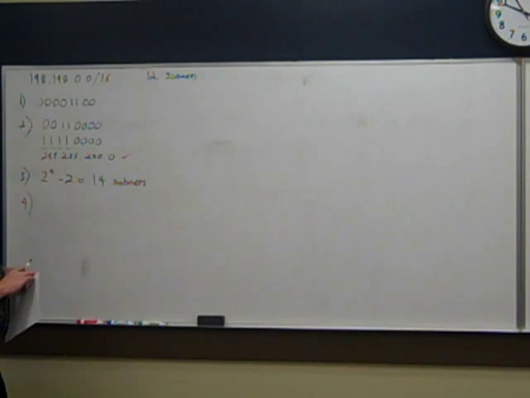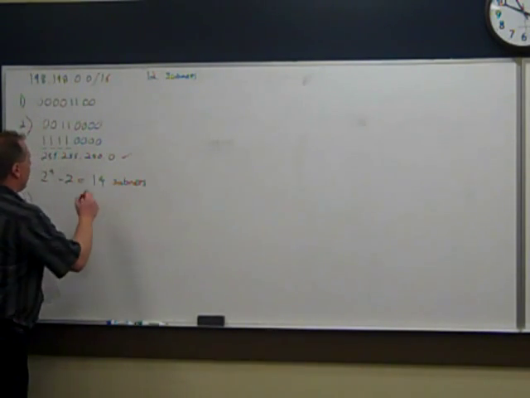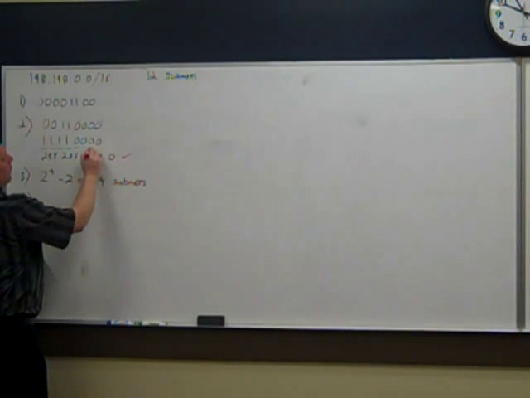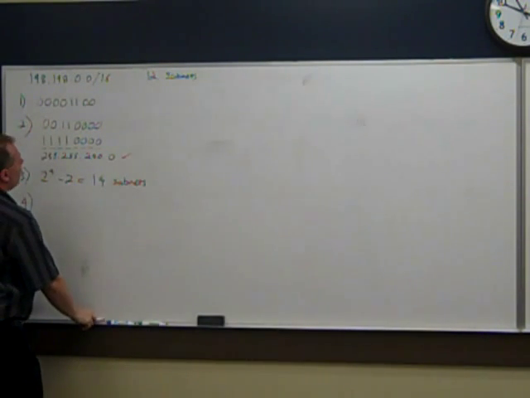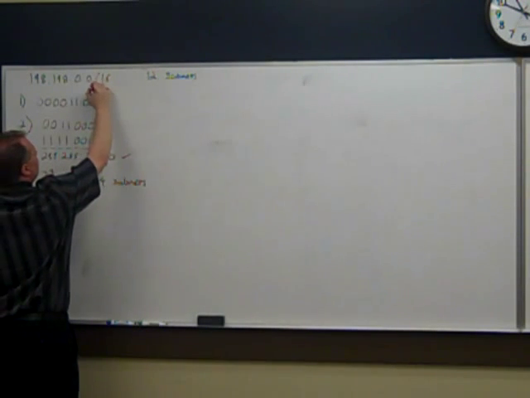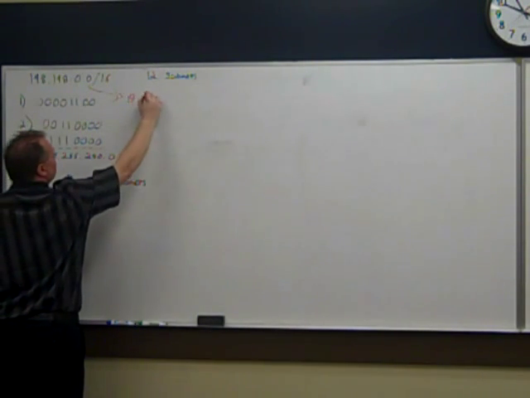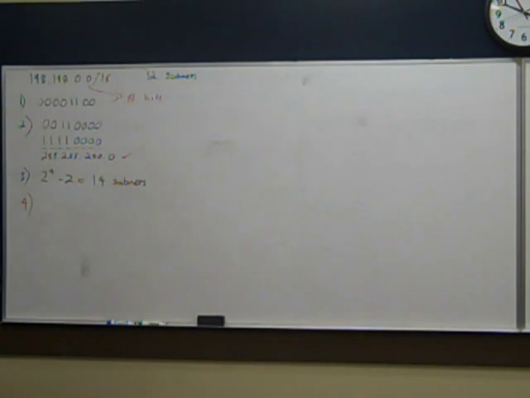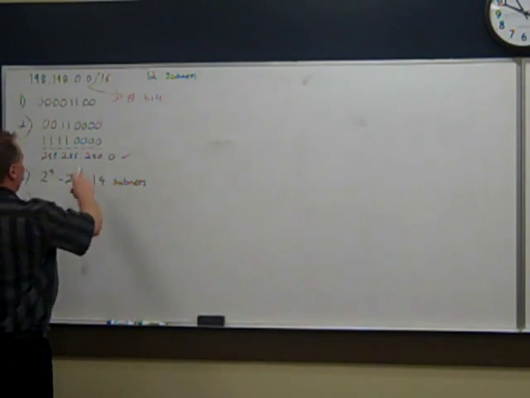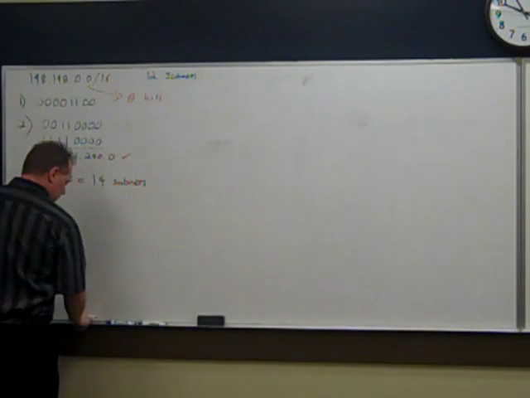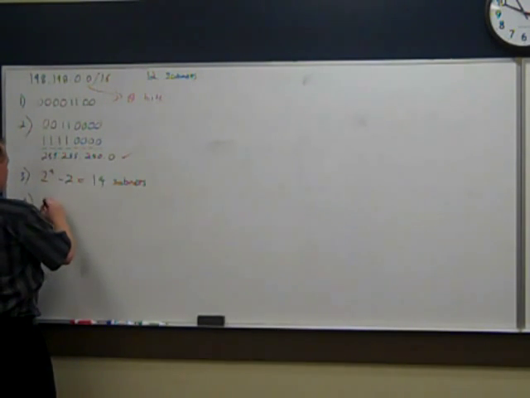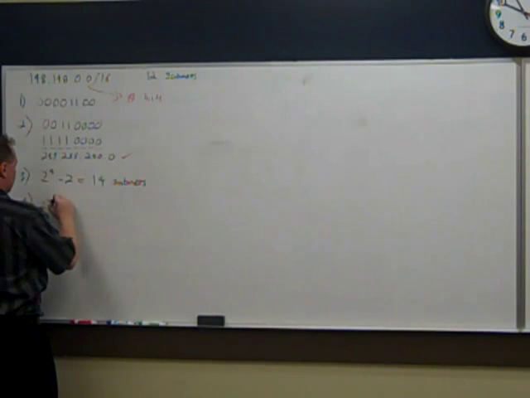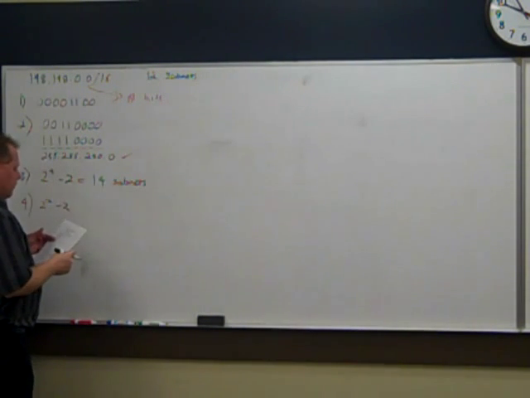How many bits did we not borrow? Now careful, don't get tripped up here. We did not borrow the 4 bits left over in the third block, nor have we borrowed the remaining 8 bits in the 4th octet. So it's 4 plus 8, which gives us 12. 2 to the 12th minus 2.